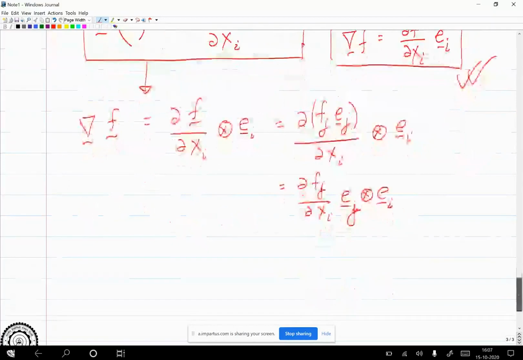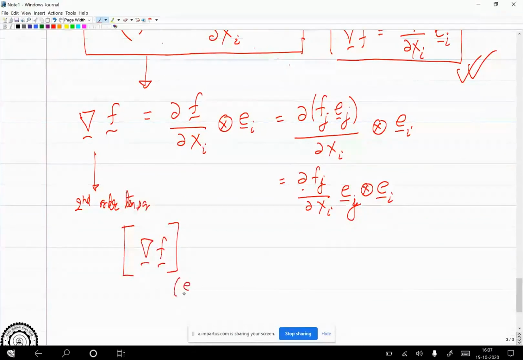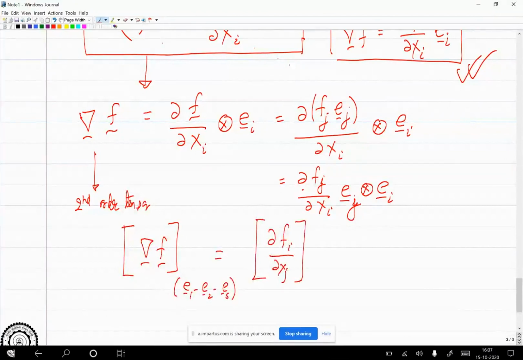So the gradient of f is now a second order tensor, and the matrix of this gradient in E1, E2, E3 is simply del fi over del xj. Are you with me? Okay, no problem, this is perfectly fine.